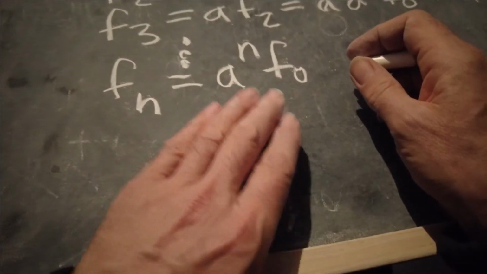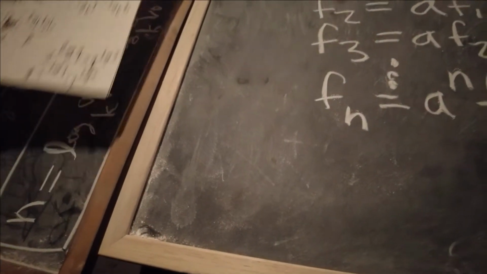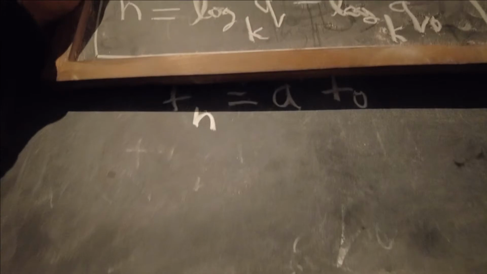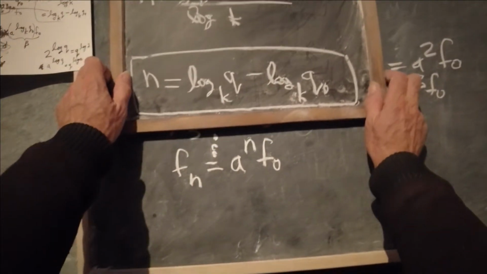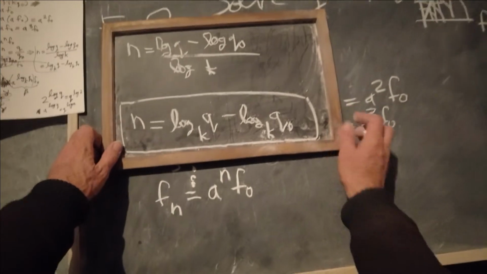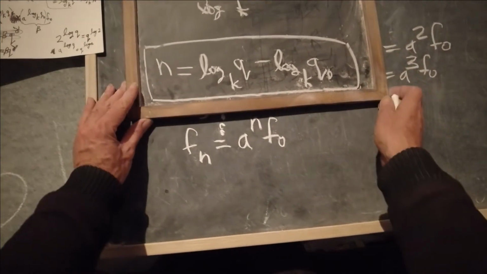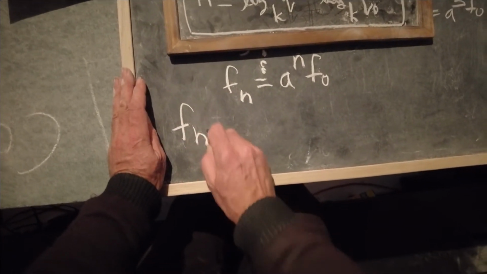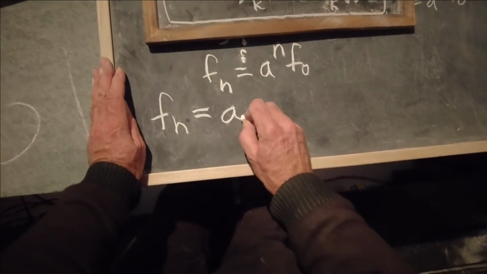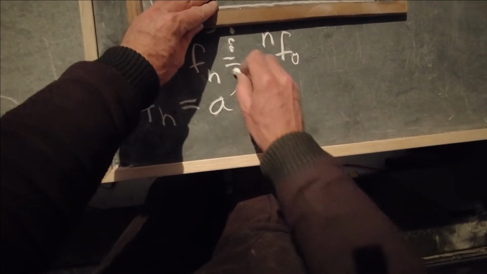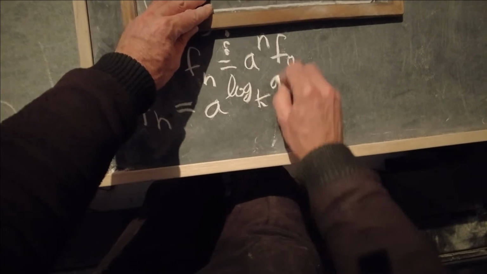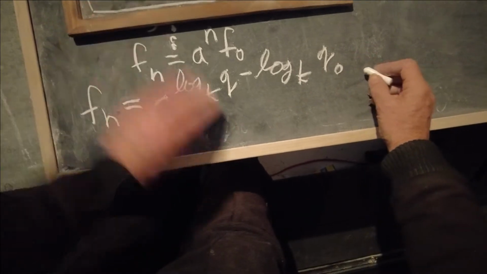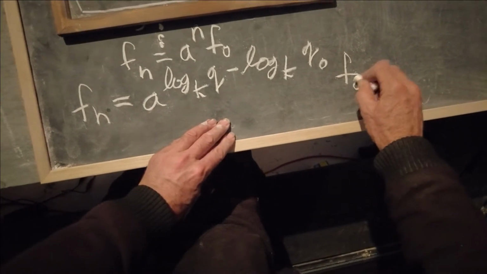And so now here's where we make that substitution again. We're going to recall our relationship here, and we're going to simply substitute that in, the quantigraphic principle. And so therefore fn equals a to the log base k of q minus log base k of q0 times f0.